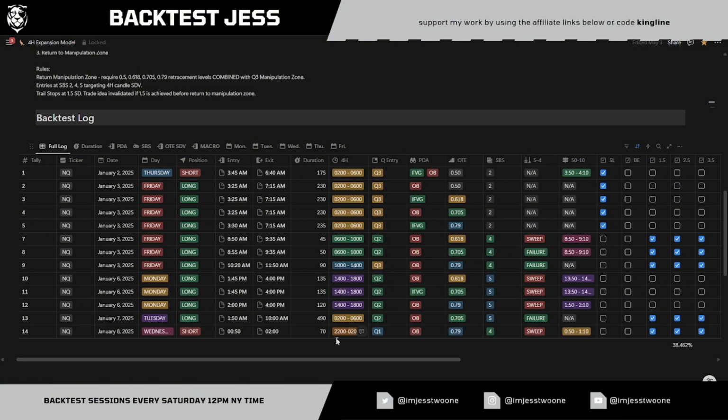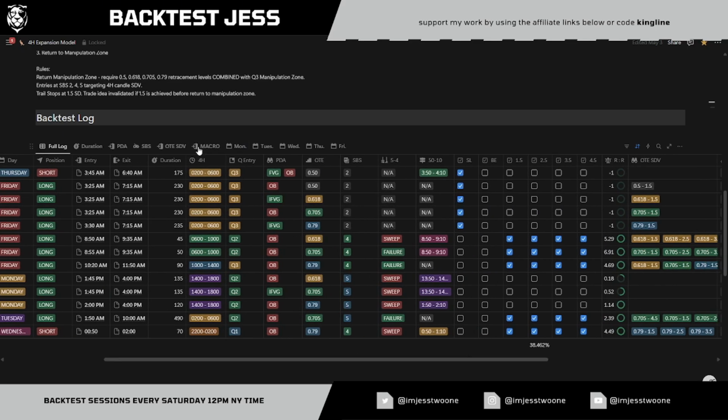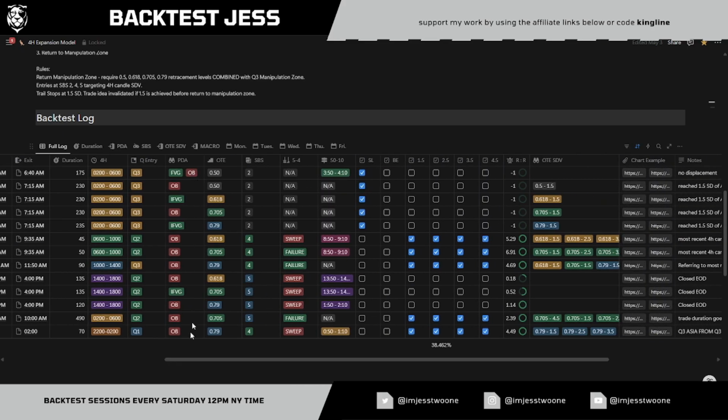So we're tracking all the things you normally would from a trade: the position, the time, how long we're in it. We're also tracking the 4-hour candle that we're executing that trade in, what quarter the entry is happening in, what PD array we are in for that entry, what OTE level, and then what SBS entry. These are all entry related parameters.